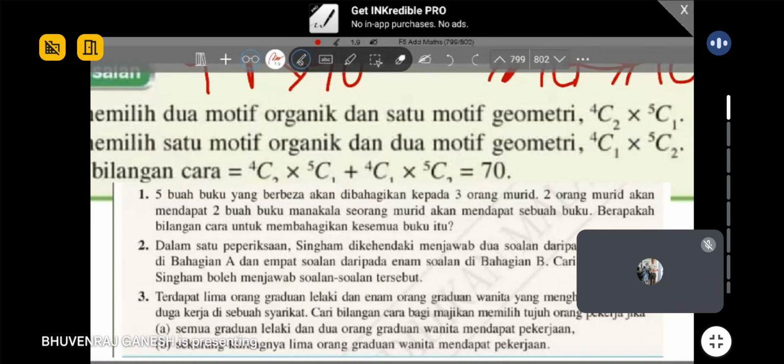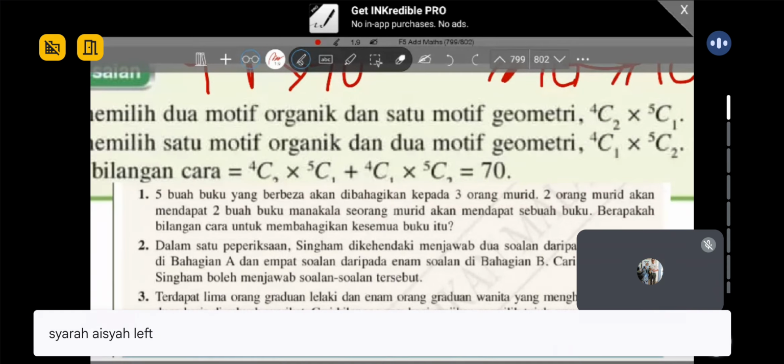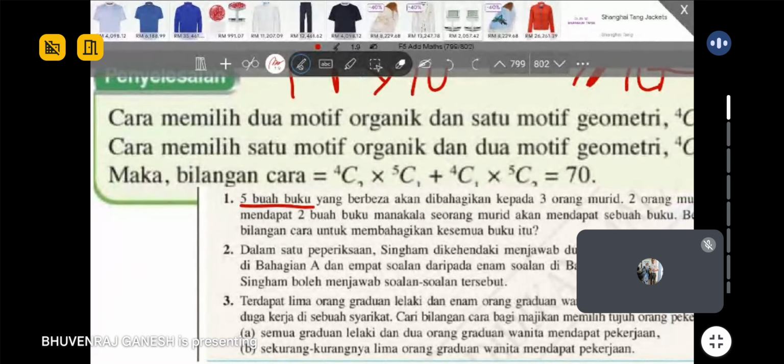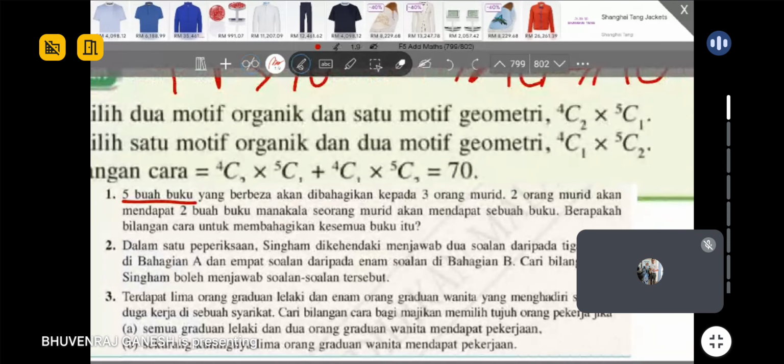So now we will try some question as practice on combination. We already finished actually combination, dah habis gabungan. All of that is the example. Okay, so now they say got 5 books, 5 buah buku. Okay, and they want to divide it to 3 orang murid.